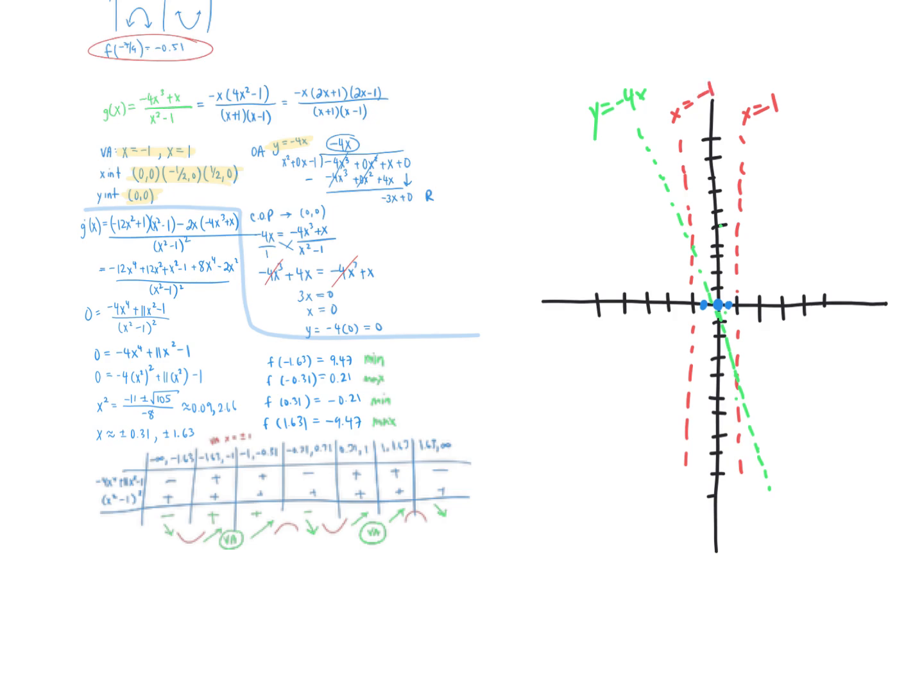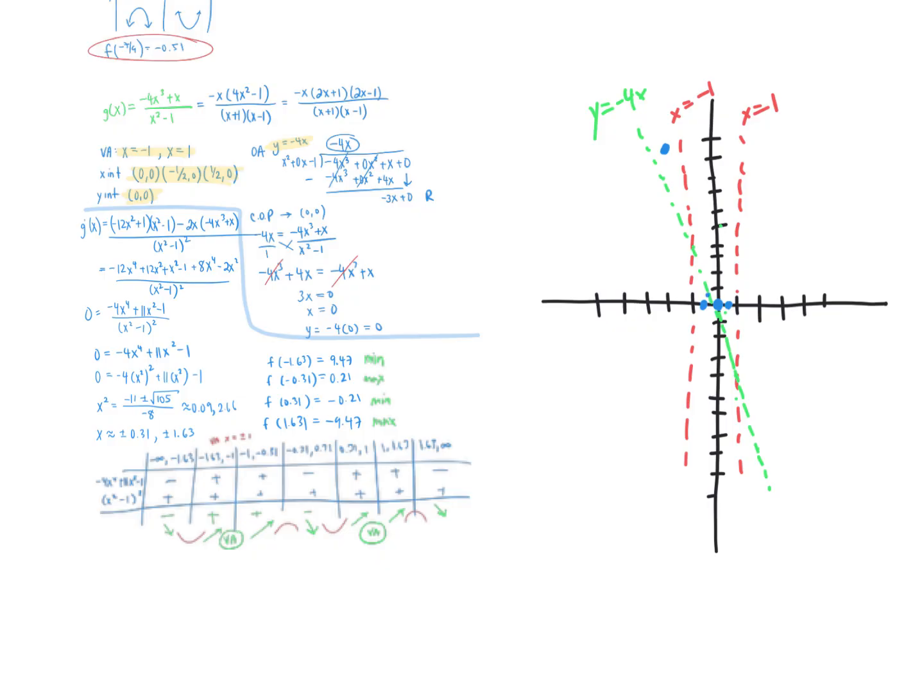All right, here is what we have, and now I'll put those max and mins. So negative 1.63, comma 9.47. So maybe something like that. That's going to be a minimum. So we're probably heading upwards around those asymptotes. Then at negative 0.3, we're at 0.2. So very close, but we're not crossing over the oblique asymptote.